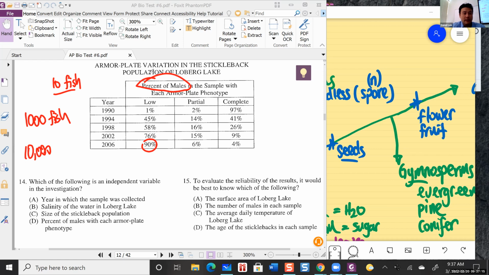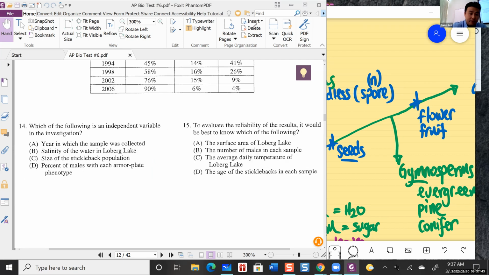You need to know how many fish, because the percent wouldn't make sense for a small population. That is not reliable. If you only sample 10 fish in the whole lake, as opposed to you sample 10,000 fish. So you need to know how many, yeah? And the male or female don't care, because we are sampling male, okay? But there's a number that makes the percentage more reliable, okay? So this has to do with that. All right, let's look at next one. So 15 is definitely B.